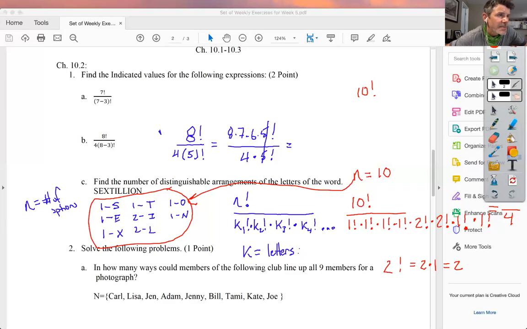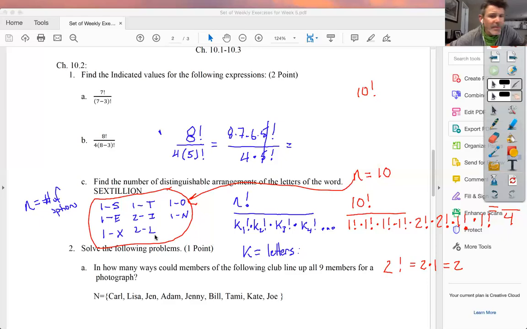Is there any other options? Can you see this? Nope, it's not on there. No, I don't think they have it.